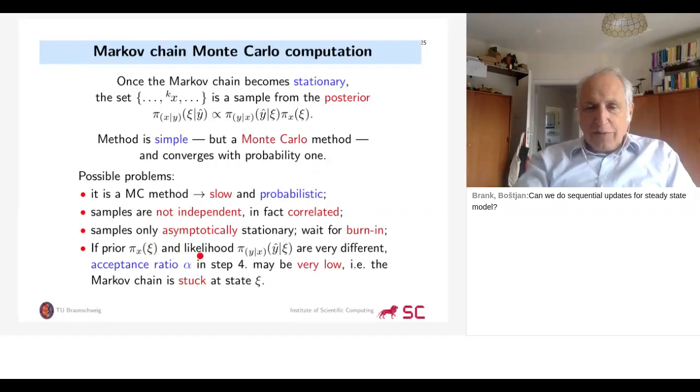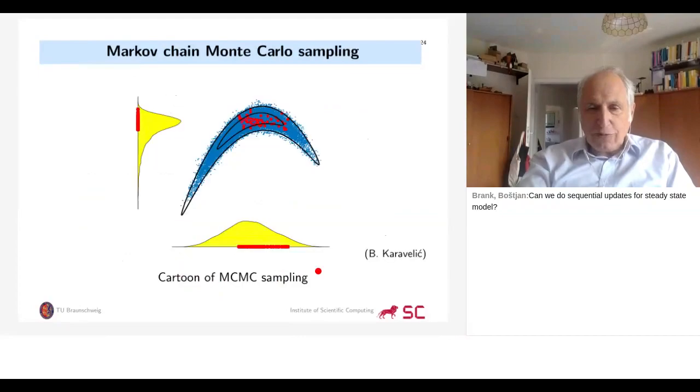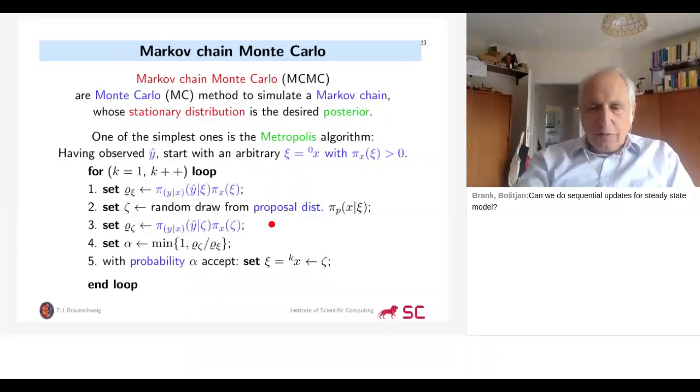I'll show an example of that here. If the prior and the likelihood are very different, or the prior and the posterior are very different, then it can take a very long time. This acceptance ratio may be very, very small in step 4. Imagine this acceptance ratio is 10 to the minus 13. Then you have to do 10 to the 13 draws here to make one move.